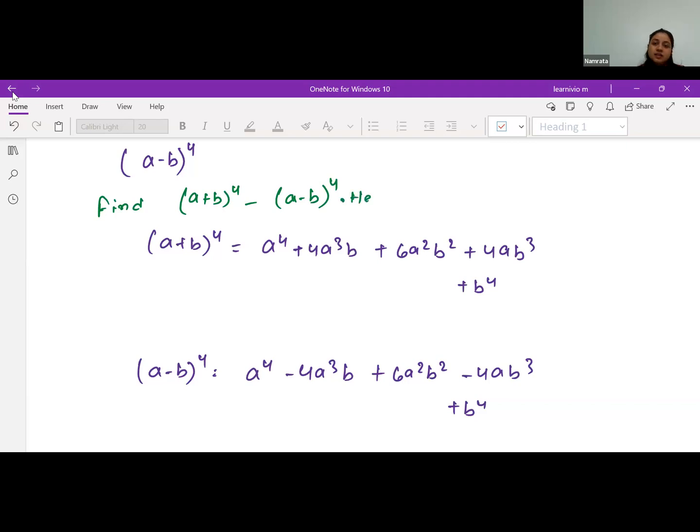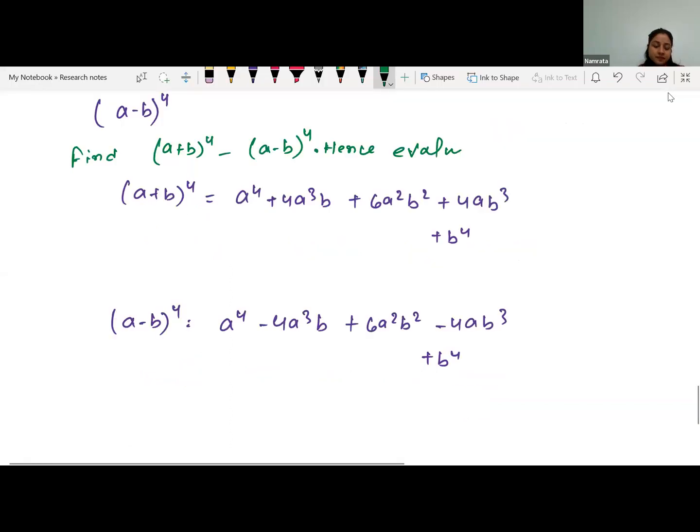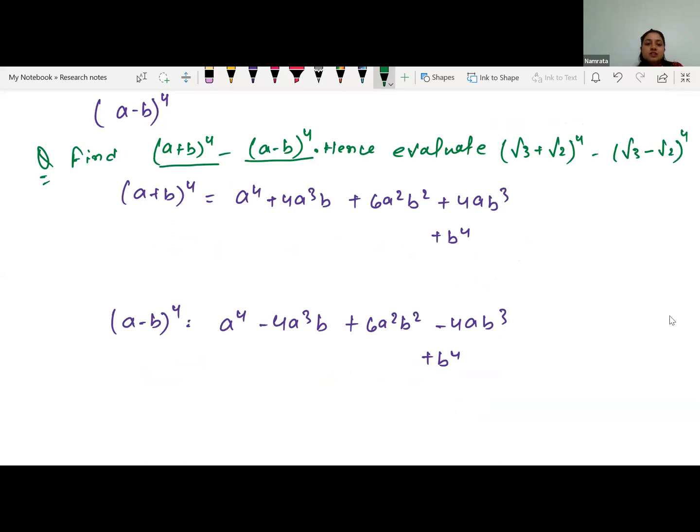Hence, evaluate root 3 plus root 2 to the power 4 minus root 3 minus root 2 to the power 4. So first find what is the value of a plus b to the power 4 minus a minus b to the power 4. So let's find it.